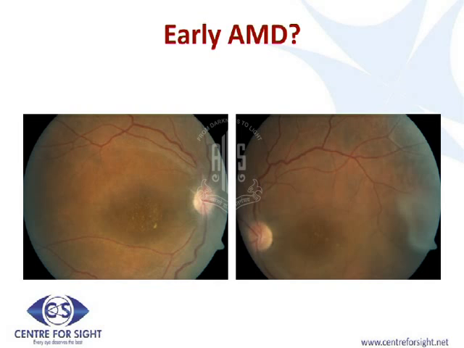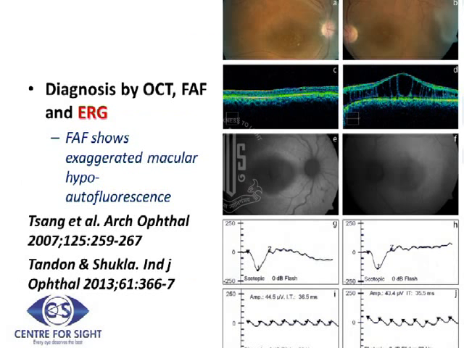This is a recent case we saw. This is a patient who was in his 50s, and we thought about early AMD, but again we got confused or a little put off by this vitreous floater kind of thing. So when we did an OCT, we found that the right eye was completely atrophic, so we couldn't make out anything, but the left eye was classic.